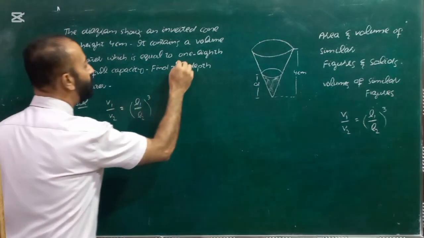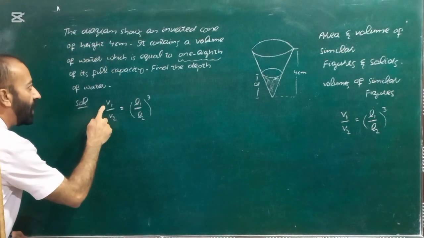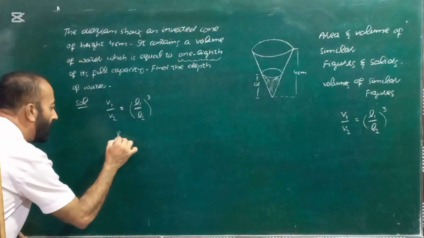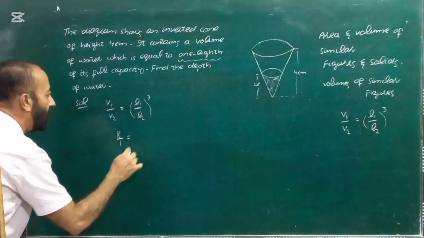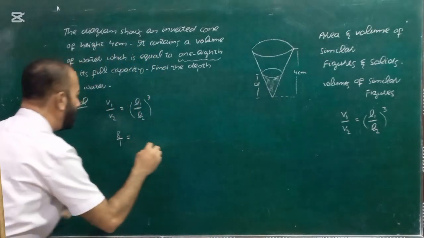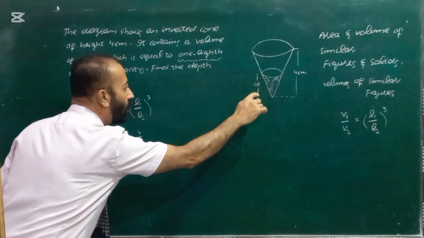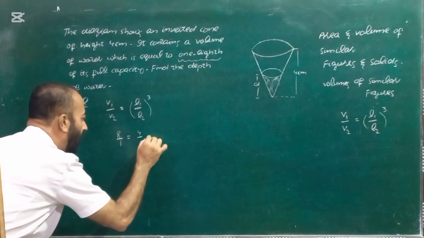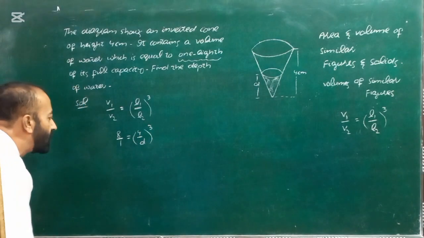So from here it was seen that the volume of the bigger cone is 8 and the volume of the smaller cone is 1, equal to the length of the bigger cone is 4 and the length of the smaller cone is D, and this cube is still there. So from here we will solve the values.